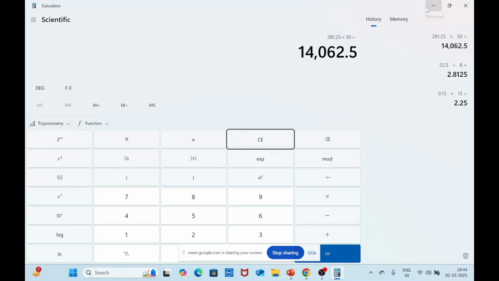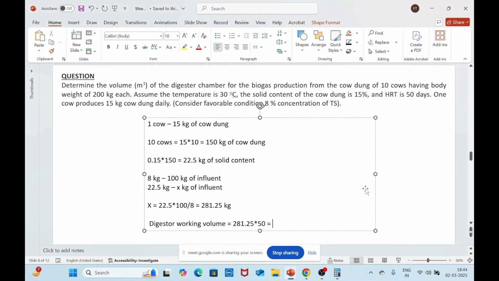So it will be 14,062.5 kg. So this is the amount.